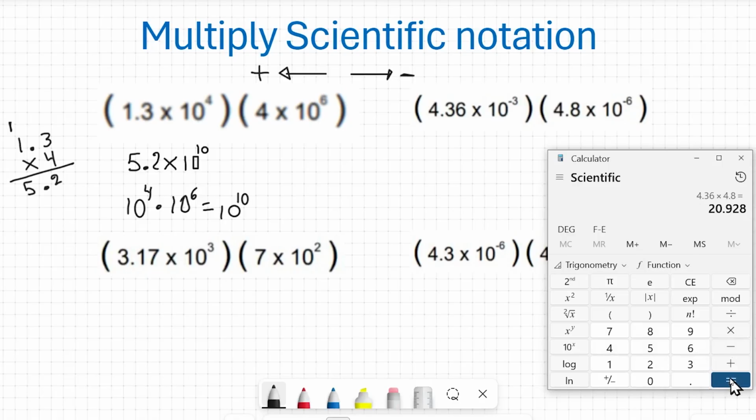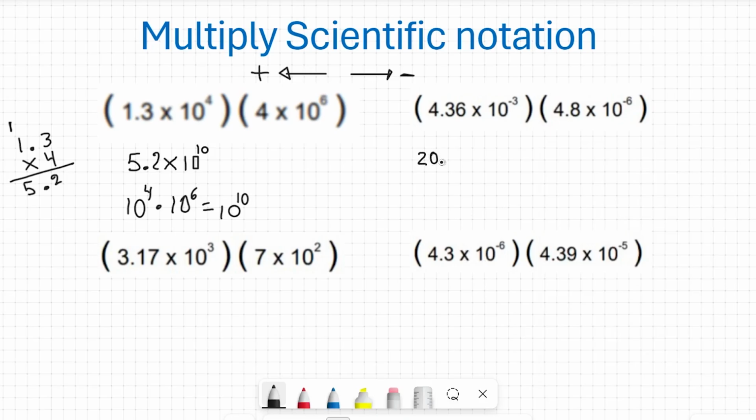Okay. So what I get is 20.92. I'm just going to keep two numbers after the decimal point. So the answer for this is going to be 20.92.